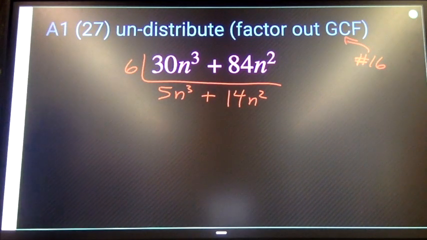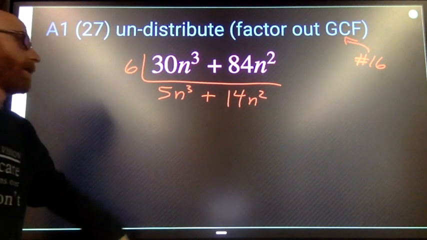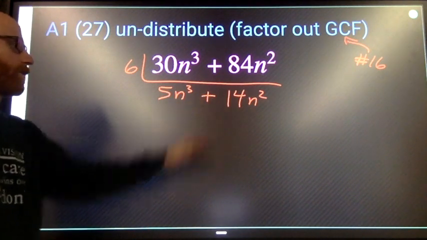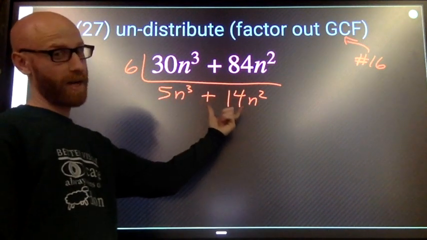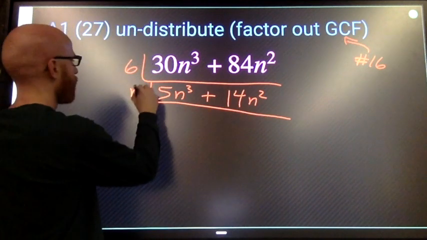Now, nothing divides 5 and 14. N squared, though, will divide both of these. So, I'm going to bring that out here.